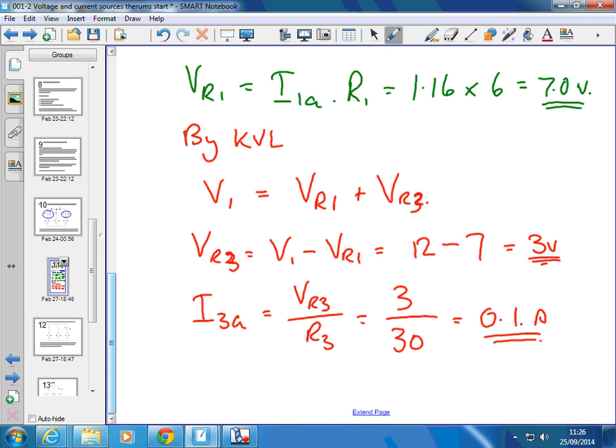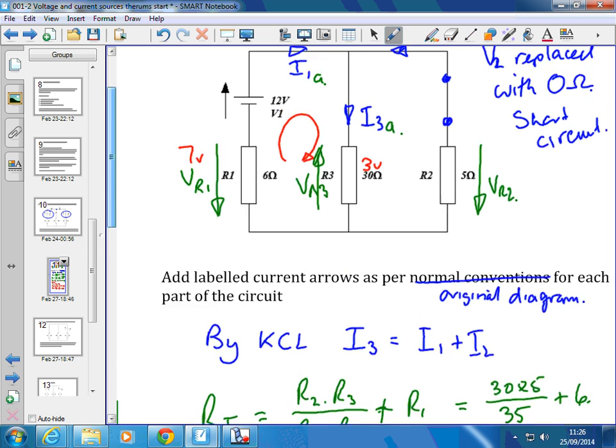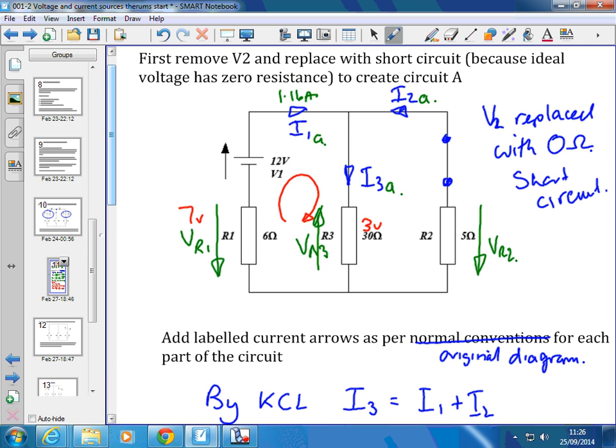Alright. Now what we've got to do is carefully apply Kirchhoff's current law to that node. We know this current, 1.16 amps. We know this current, 0.1 amps. Now we're going to find that current there, carefully applying Kirchhoff's current law.